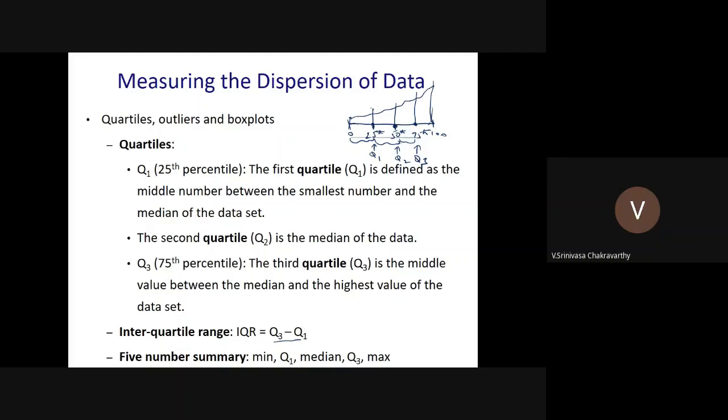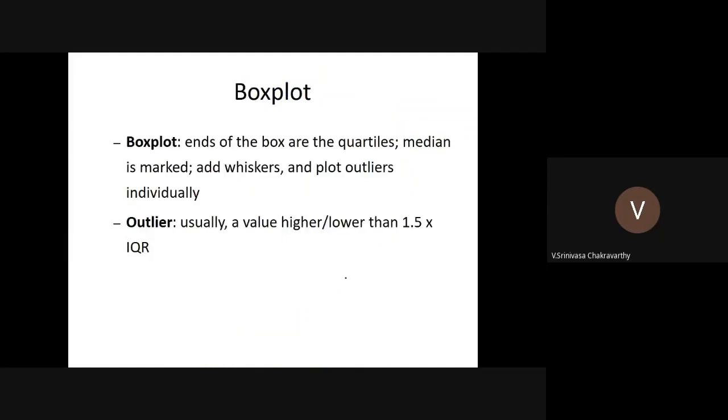So you have the min value at one end and the max value at the other end. These 5 numbers, min, Q1, Q2, Q3, and max, where Q2 is nothing but the median, so min, Q1, median, Q3, and max, are called the 5-number summary of a given data set.